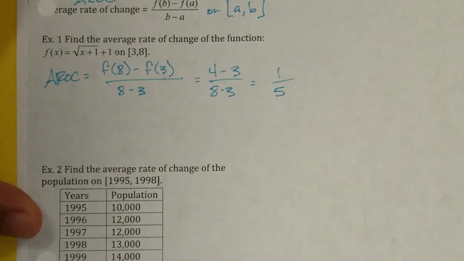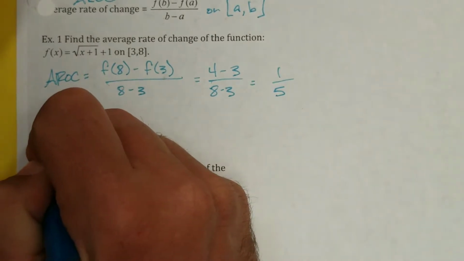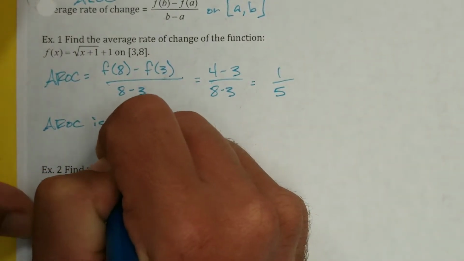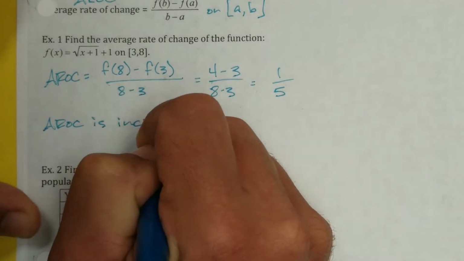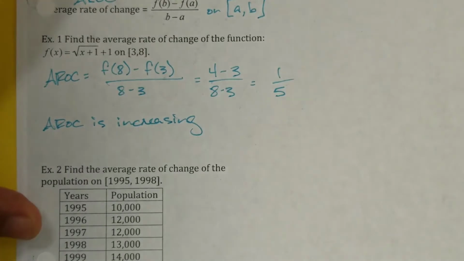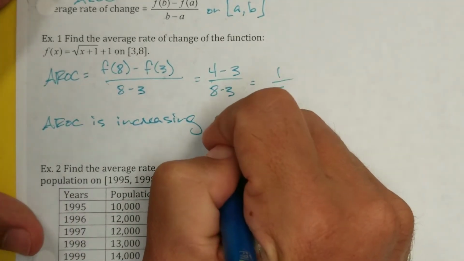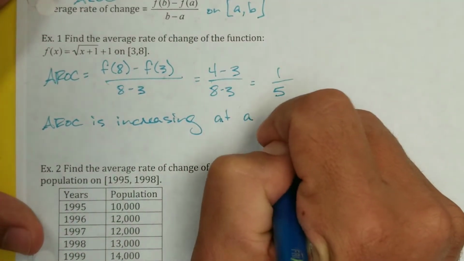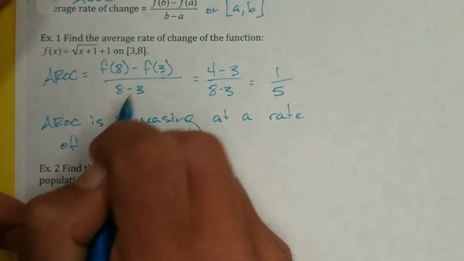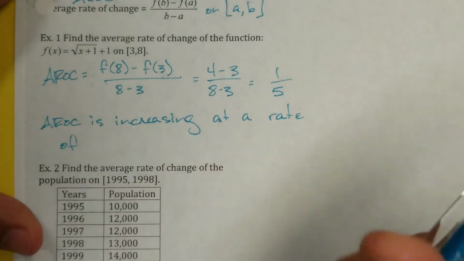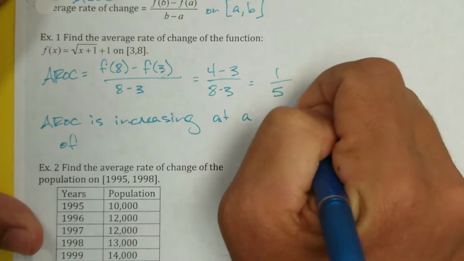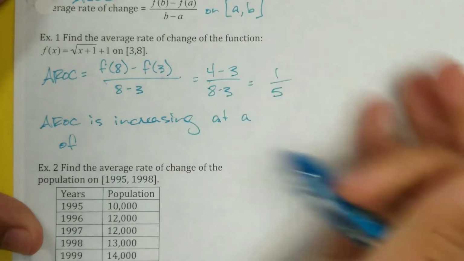Okay? So for this particular answer, we would say AROC is increasing. Again, remember that that just means that your slope there is positive. It's a positive 1/5. So AROC is increasing at a rate of, probably should say average rate, because we are talking about an average rate.